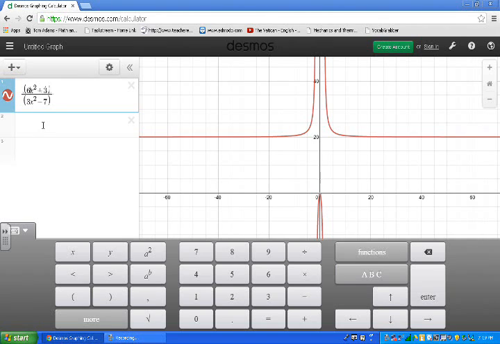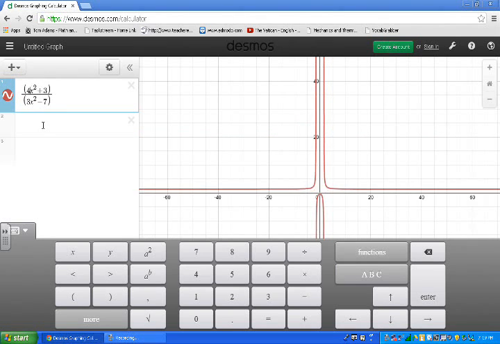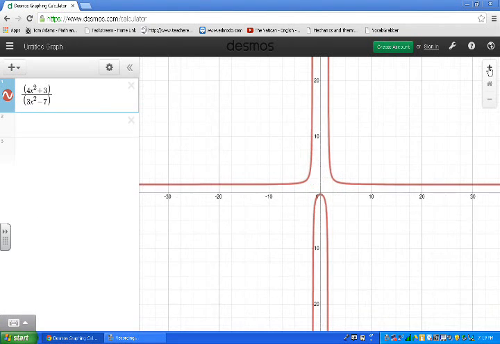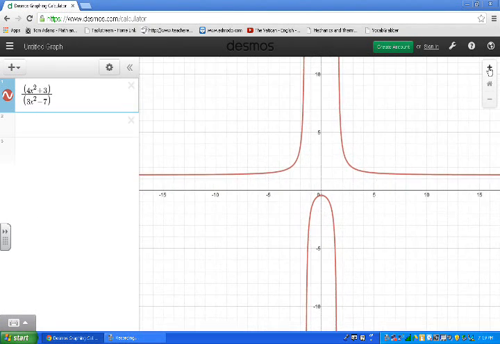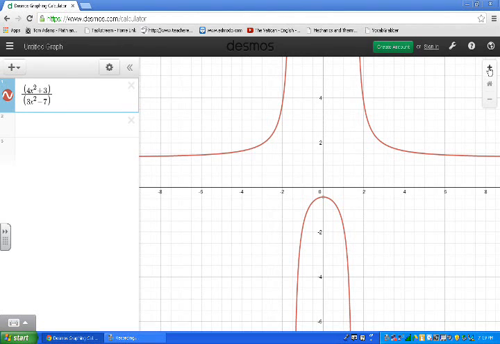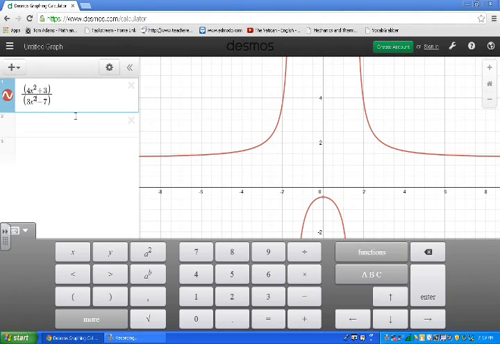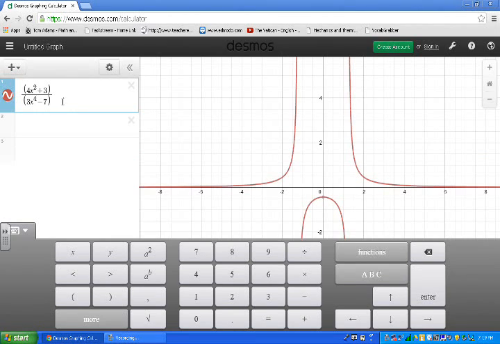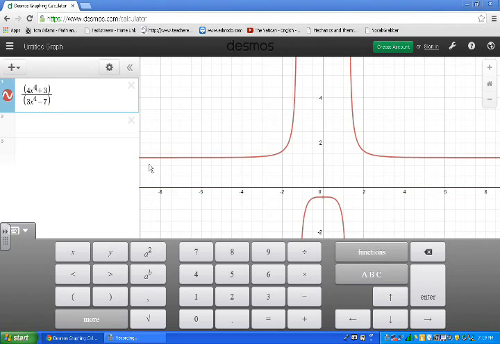If I change these numbers, it will shift the graph vertically up or down, but notice that there seems to be a horizontal asymptote that occurs at the ratio of the leading coefficients. The reason for this is that both polynomials, the numerator and the denominator, because they are equal in degree, grow at the same rate.